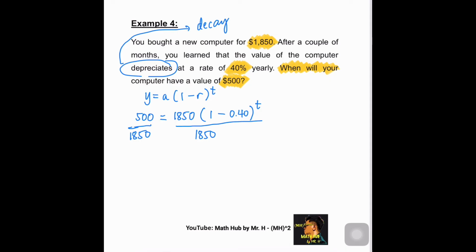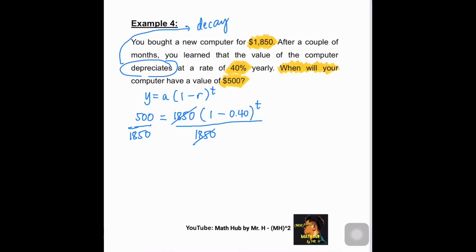All right. So going back to the examples, so we divided both sides by 1,850. So 1,850 divided by 1,850 is 1.